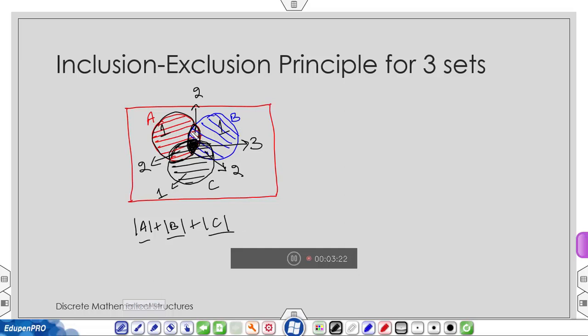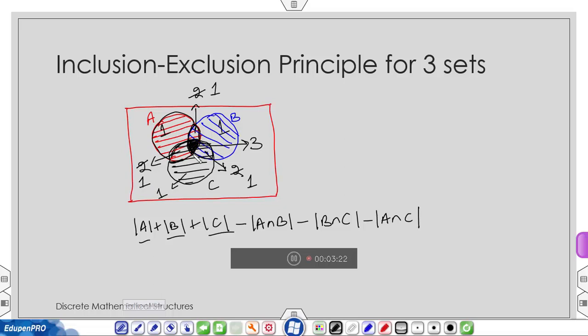So to arrive at the correct formula, we need all these areas to be included only once. So we will subtract A intersection B, B intersection C, and A intersection C. Now after subtracting these, we know that this area is now included only once, this is included once, and this is included once.